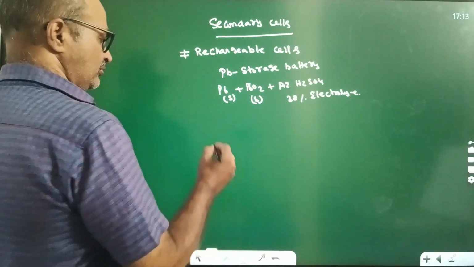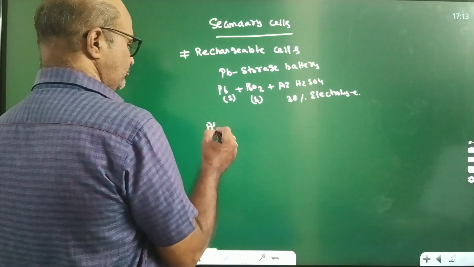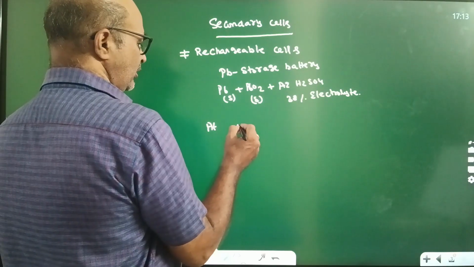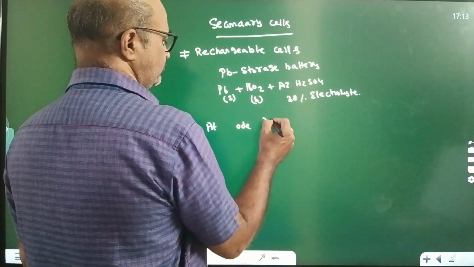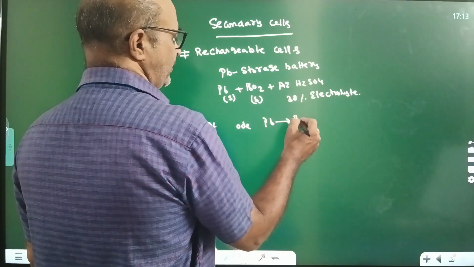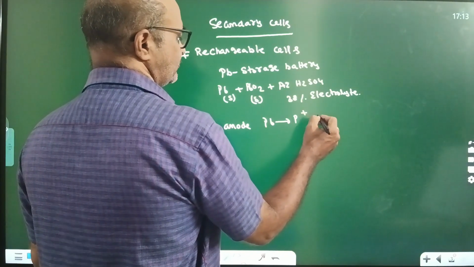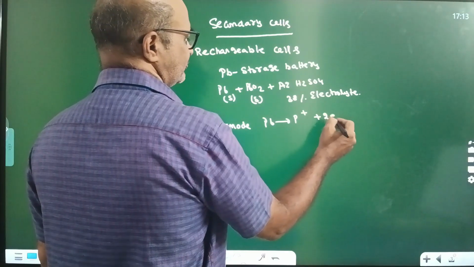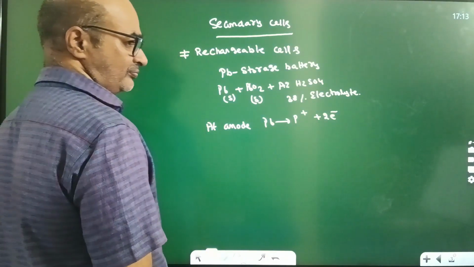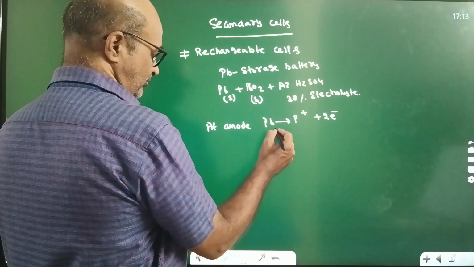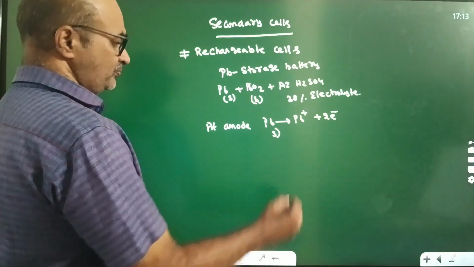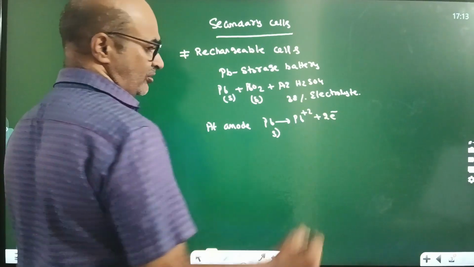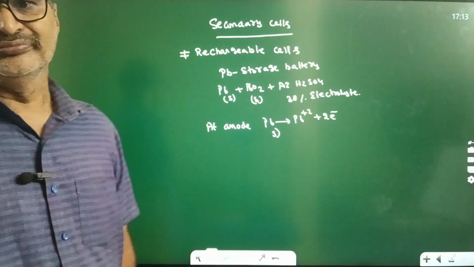At the anode, Pb solid gives rise to Pb2+ plus 2 electrons. At the anode, oxidation takes place.